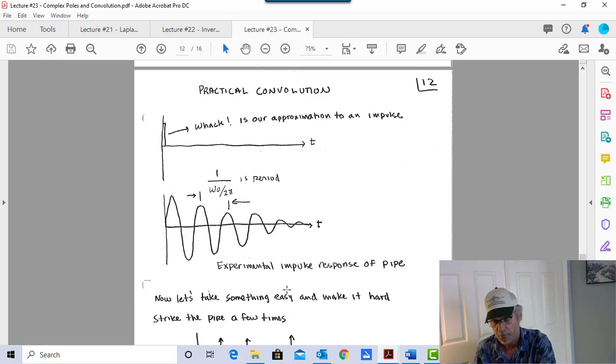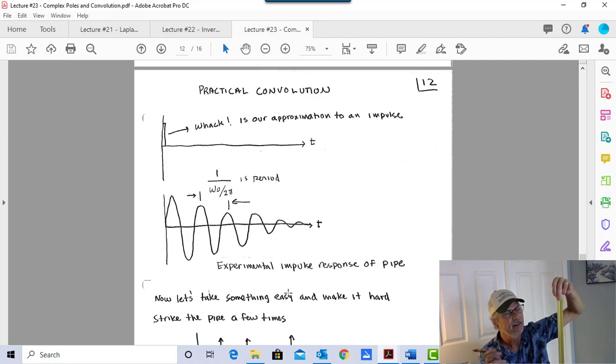Boom. But I take my pipe and it goes ding. And the omega naught, or the note that I am singing, the frequency of the note, is the natural frequency of that system. Now you might remember, let's just jump back to chapter 8 a little bit. All this is connected, folks. Listen. Ding. Oh, I think I'll hit it harder.